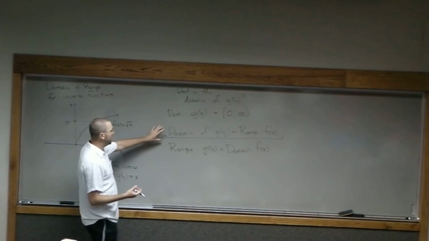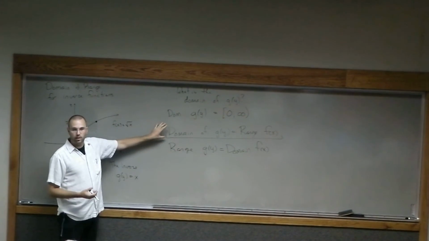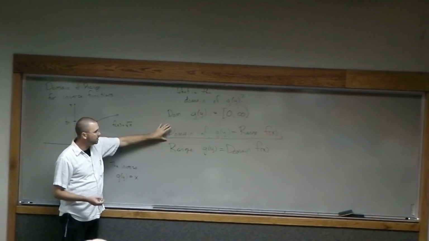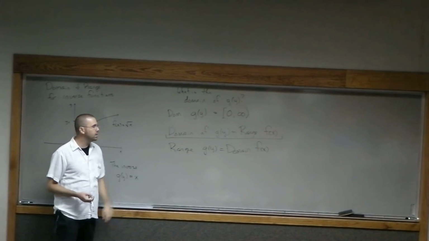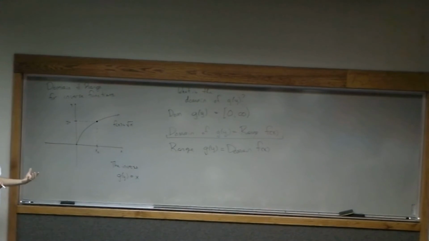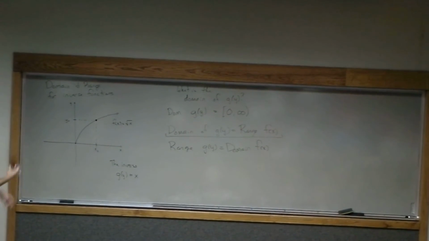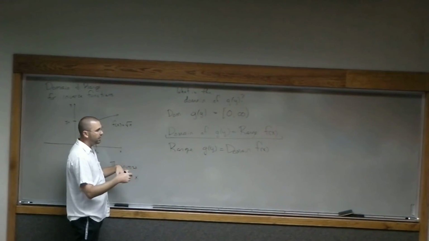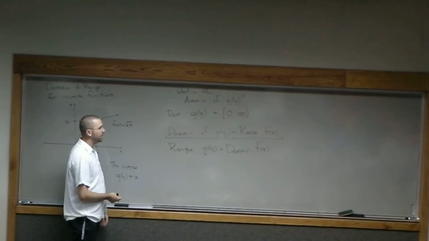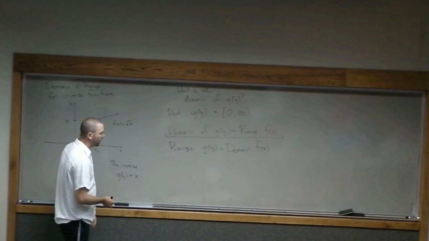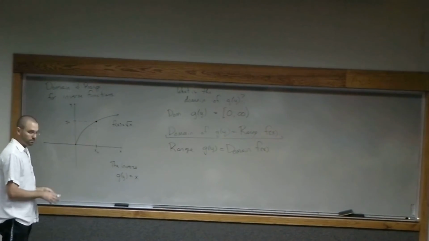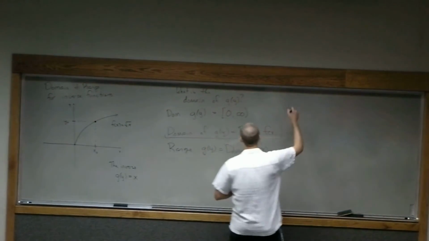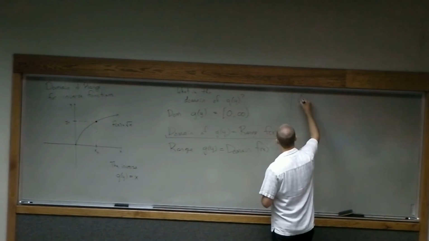But if that function has an inverse, and I can write down a formula for that inverse function, then I can utilize the rules of domain to figure out what the output values of f are. So this is one tool that we can use to identify the range of a function if that function has an inverse, and if I can write down an equation. All right, so let's take a look at an example or two of this.